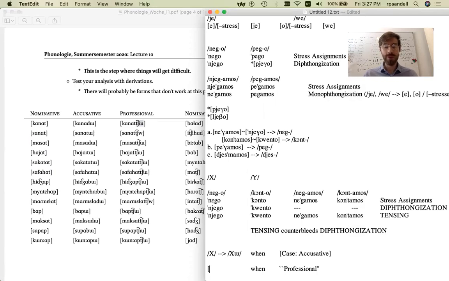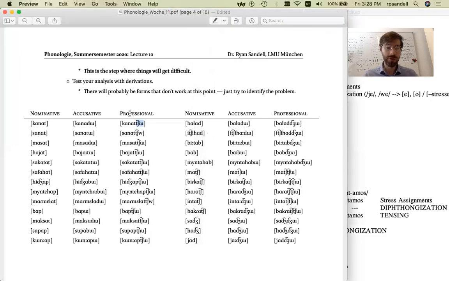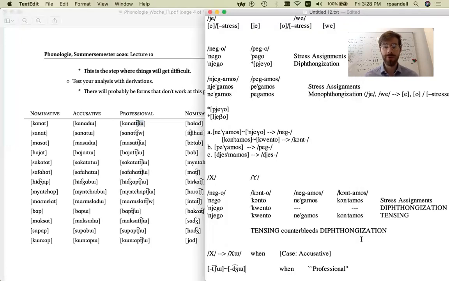Here we find two allomorphs. We find both chu and ju. Those are our two allomorphs, and their distribution looks fairly straightforward.